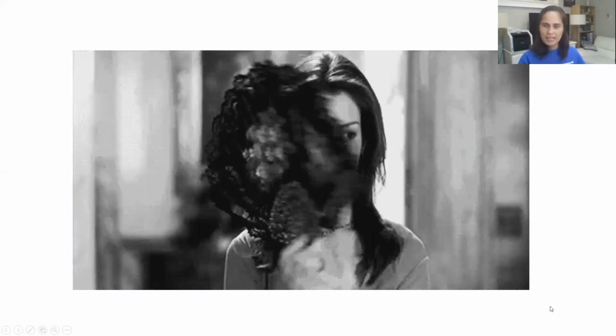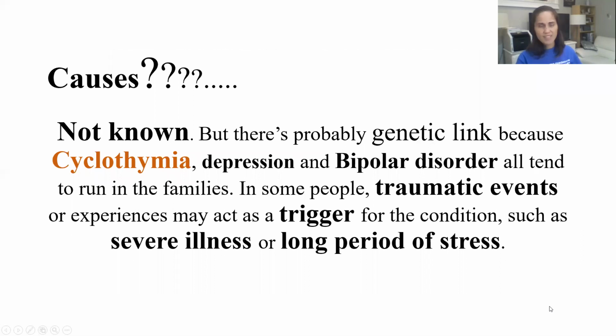Now, we ask, what are the causes? Not just one. But there's probably a genetic link, because cyclothymia, depression, and bipolar disorder all tend to run in families. In some people, traumatic events or experiences may act as a trigger of the condition, such as severe illness or a long period of stress.